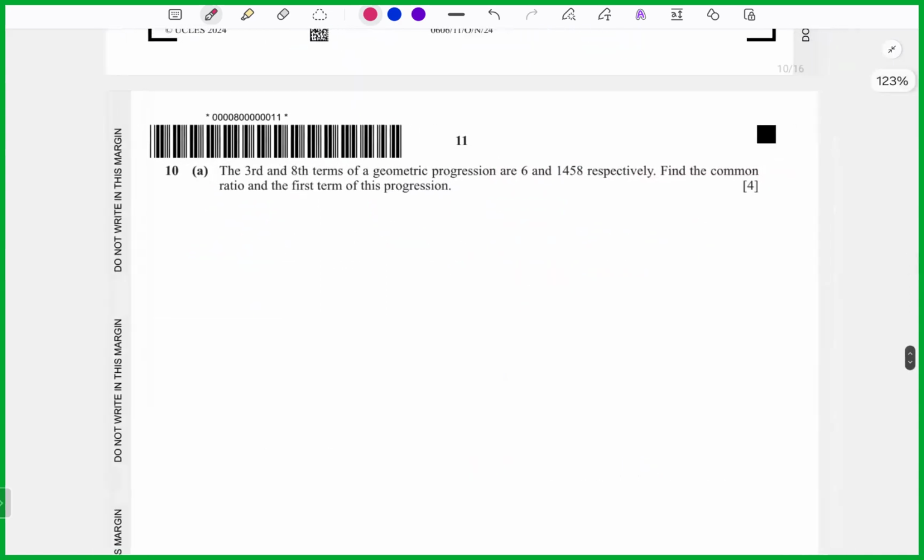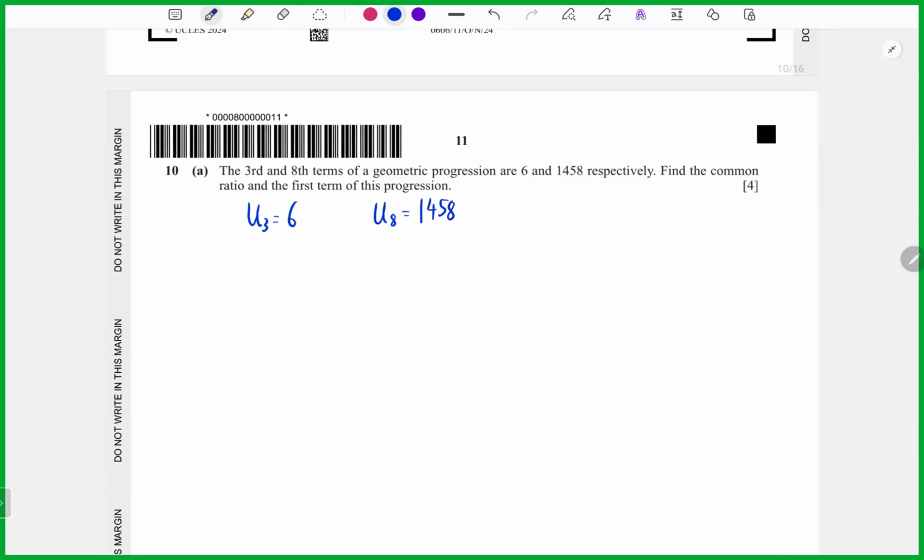Let's look at the next question. The third and eighth terms of a geometric progression are 6 and 1458 respectively. So you can write U3 equals 6, U8 equals 1458.